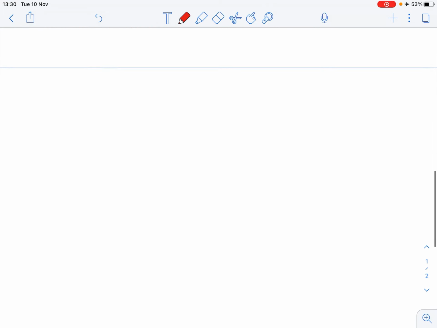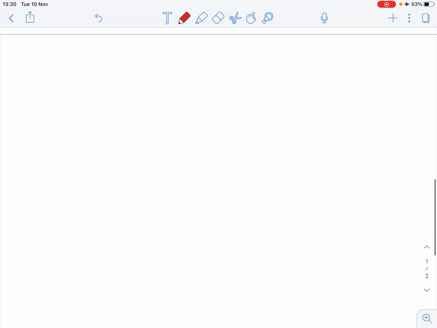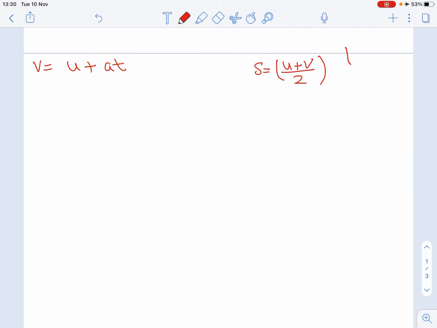So those two equations are really important, because from those two equations, you can derive a further three really important formulas. So you must remember that v equals u plus at, and that s equals u plus v over 2 multiplied by t.